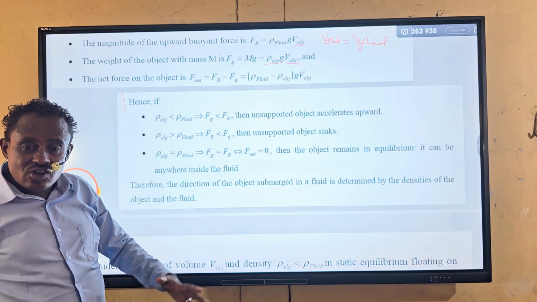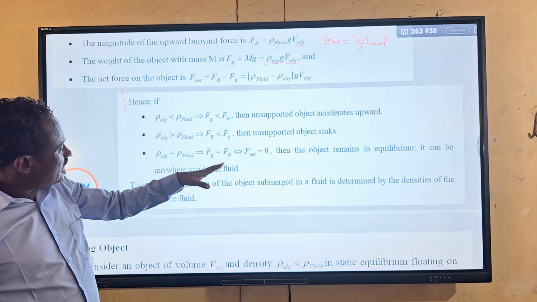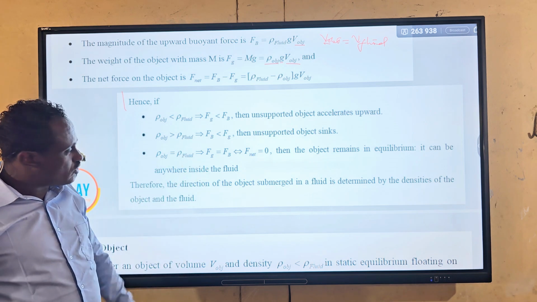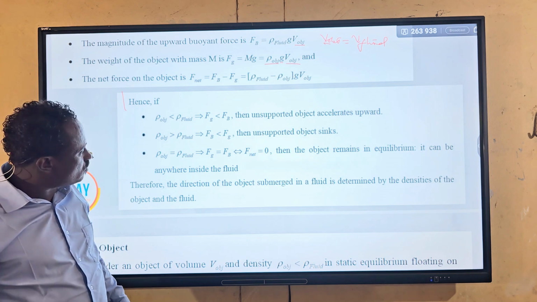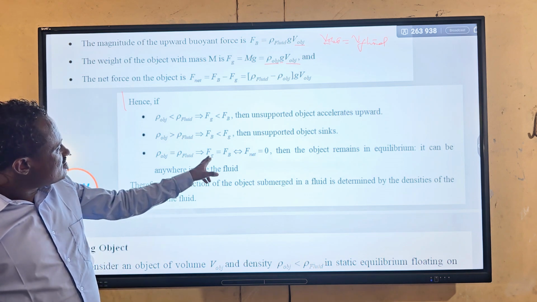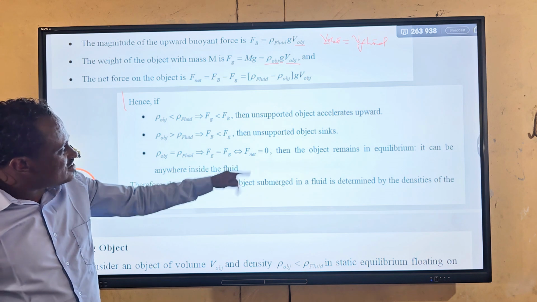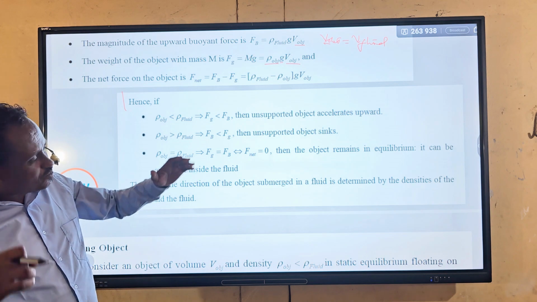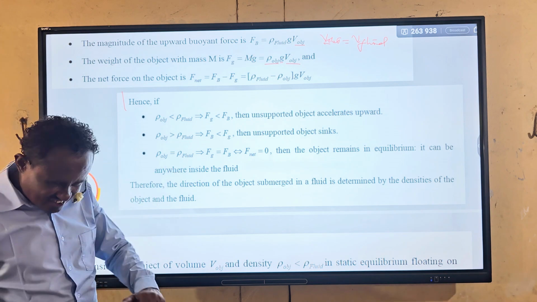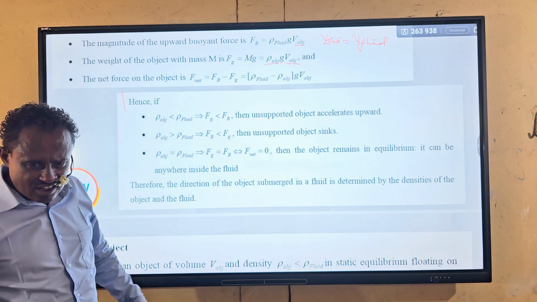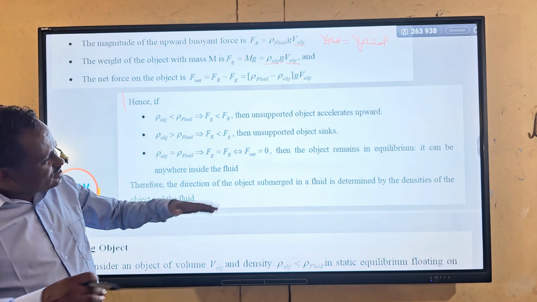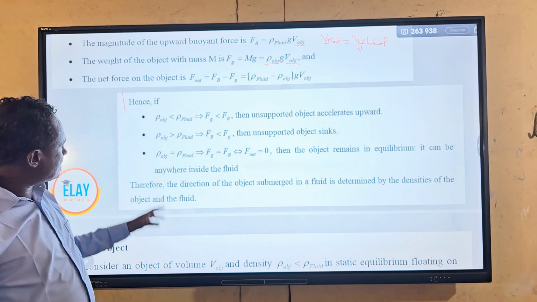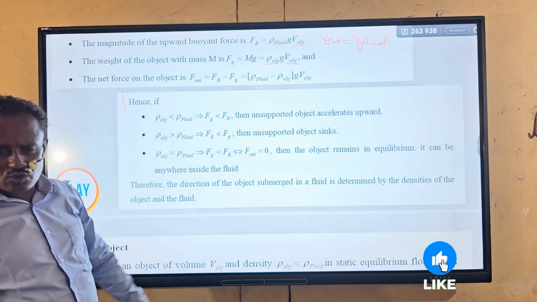There is no acceleration, when we think from the perspective of the dynamics of an object. These two forces are equal, so the net force is zero. The net force being zero means an object is at rest, or moving with constant velocity, whatever it is, floating in the fluid. Then the object remains in equilibrium. It can be anywhere inside the fluid.